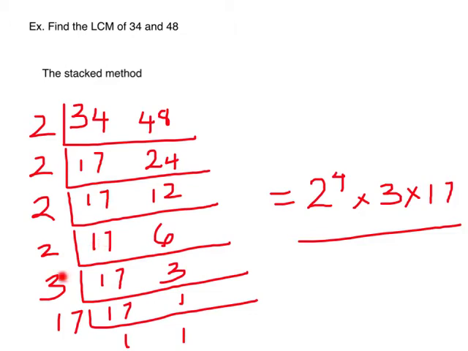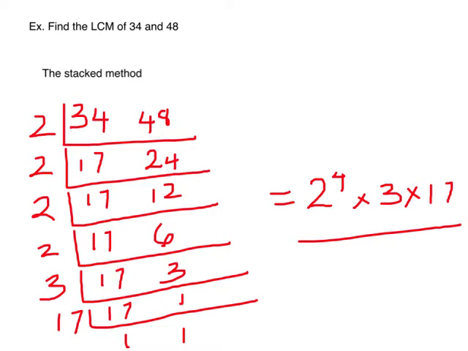Now we can still divide by 2, so I made a mistake here, and we'll get 3. After that we have that 3, and we still have to bring the 17 down.